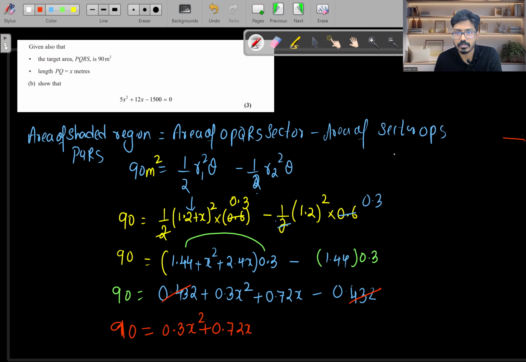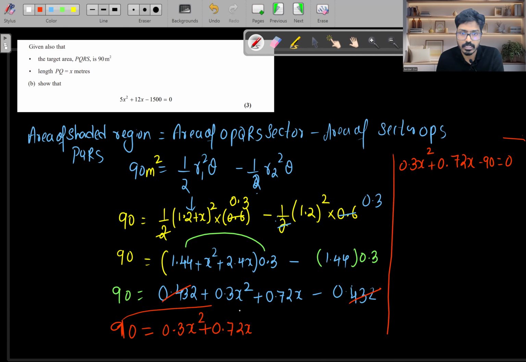If I write this equation over here, that would be 0.3x squared plus 0.72x minus 90 equivalent to 0. If I take this 90 to here, then this would become our quadratic equation.